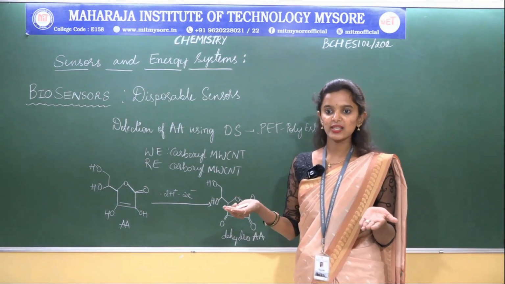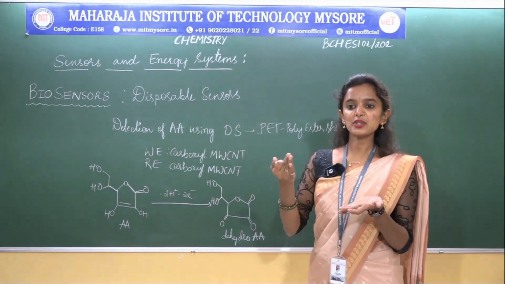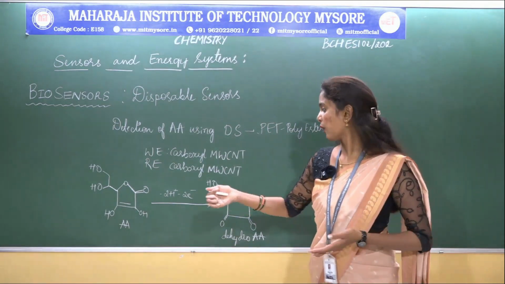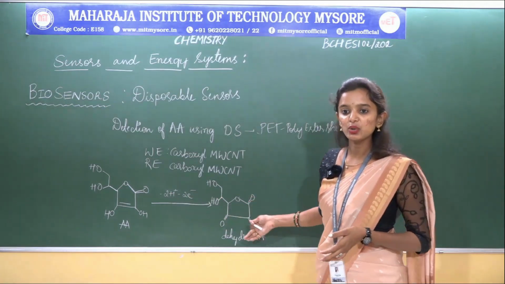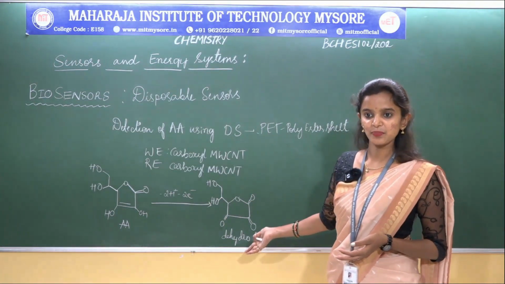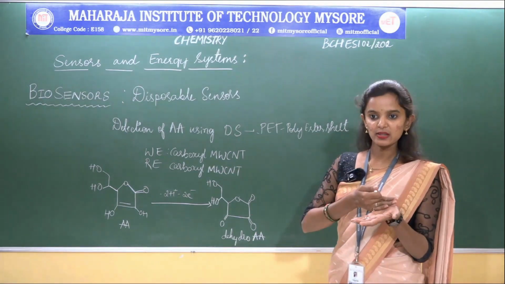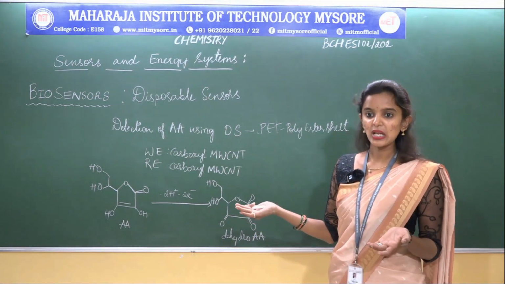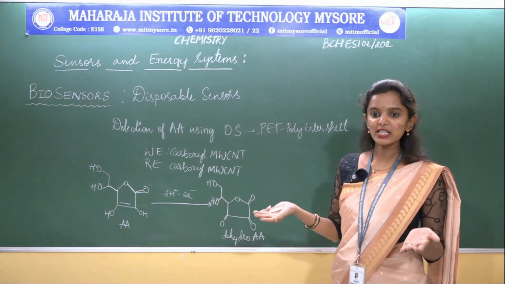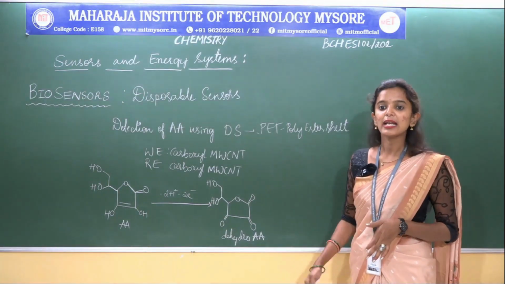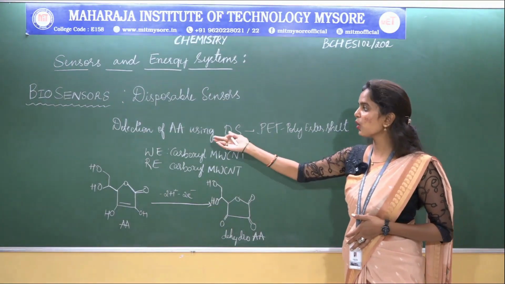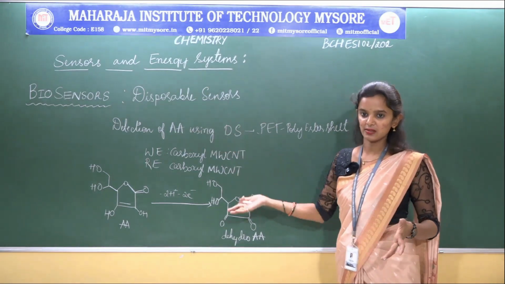What happens next is it increases the electrocatalytic oxidation of ascorbic acid into dehydroascorbic acid, during which the transducer converts this presence into measurable signals. The electric current or voltage produced during the detection is proportional to the concentration of ascorbic acid present.